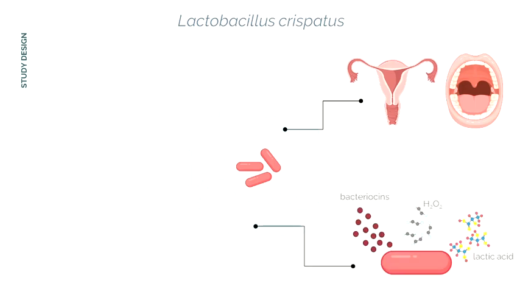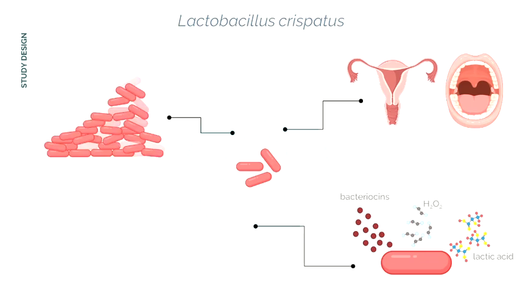Then Lactobacillus crispatus shows antimicrobial, health beneficial effects by killing pathogenic bacteria. It is because it can release different compounds like bacteriocins, hydrogen peroxide, and lactic acid that work antimicrobially. And at the end, Lactobacillus crispatus is able to form a biofilm.